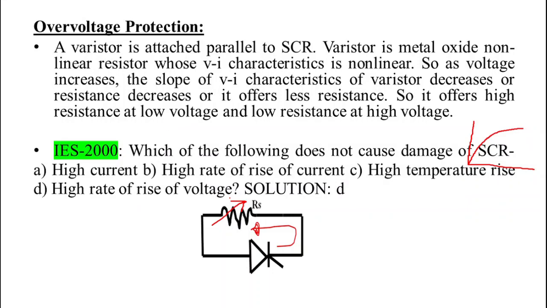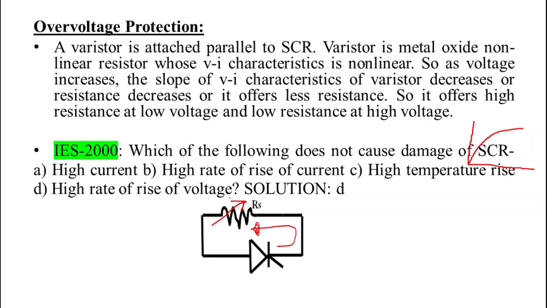Now it is very clear from this characteristic that as voltage increases, the slope of VI characteristic of thyristor decreases or resistance decreases, or we can say that it offers less resistance. So it offers high resistance at low voltage and low resistance at high voltage.